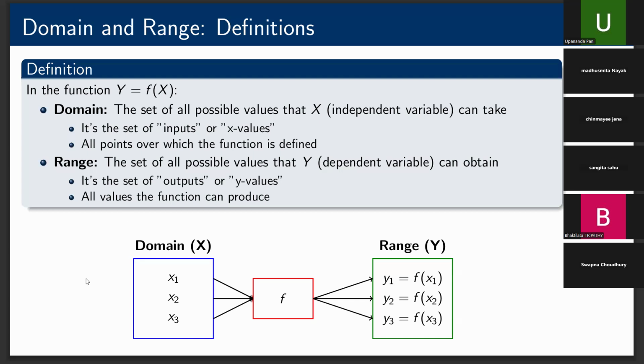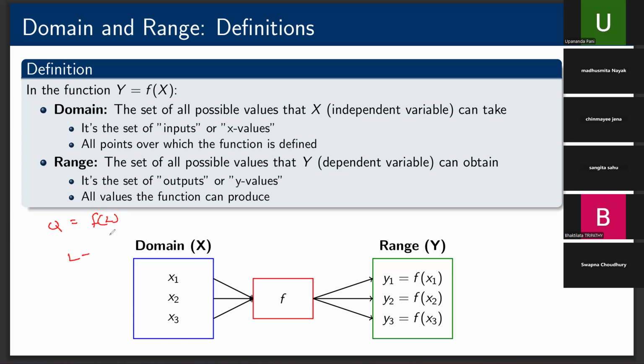Suppose I'm taking an example. In economics, let output depend on labor only. What are the possible values of labor? We know in economics, labor hours cannot be measured in negative numbers. They can be measured in positive numbers.